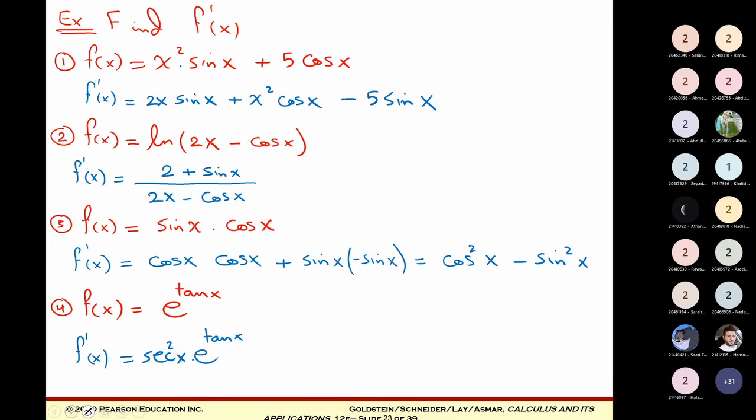Example number 5. f of x equal sine x square plus radical cosine ex.